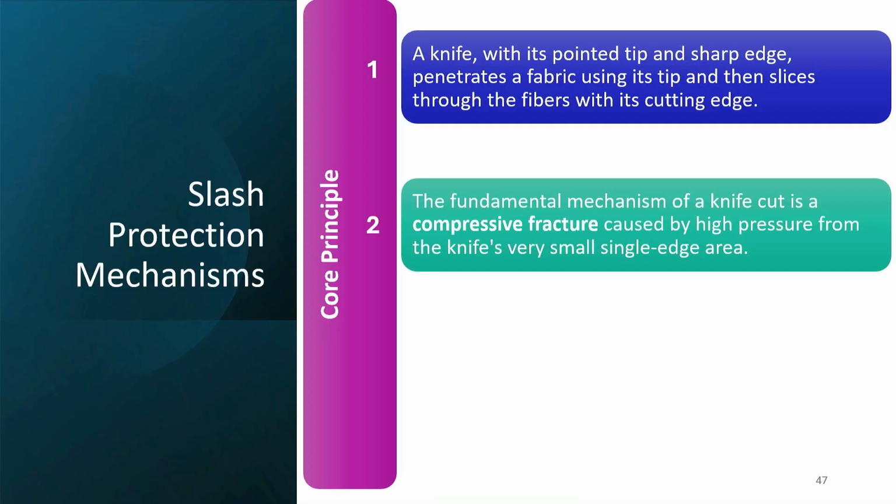The fundamental mechanism of a knife cut is compressive fracture. That means the material like textile, the fiber material, will fracture by compression, and this compressive pressure is generated due to the very small single edge area.